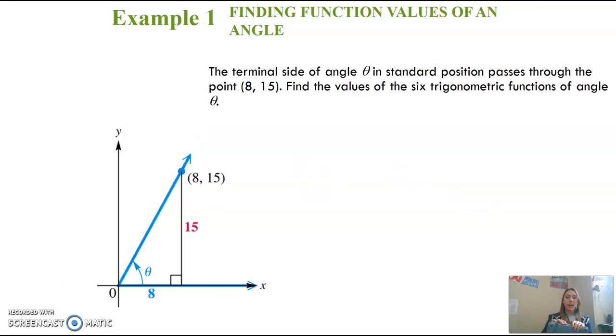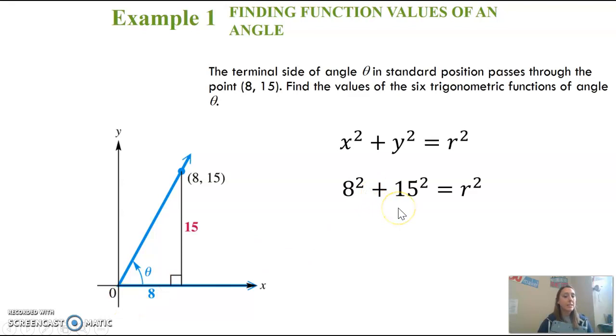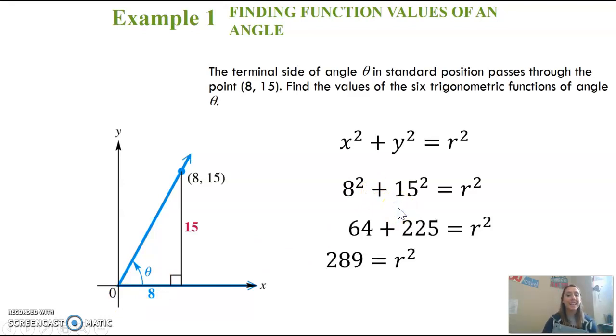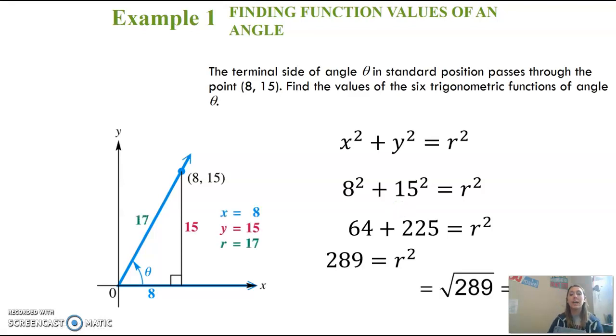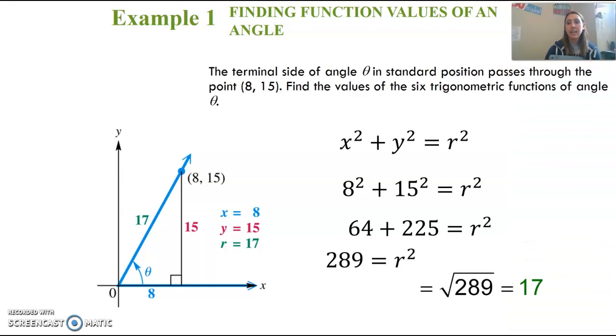So we are going to use x squared plus y squared equals r squared, right? So we have 8 squared plus 15 squared equals r squared, 64 plus 225. We end up with 289 equals r squared. We take the square root of both sides, and the square root of 289 is 17. All right, so now we have all three. So we want to do the next trig function. So we're going to do the 6 trig functions.